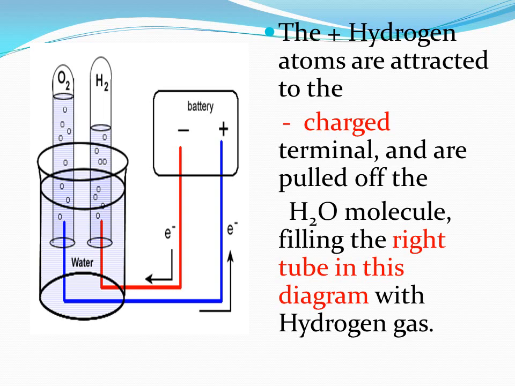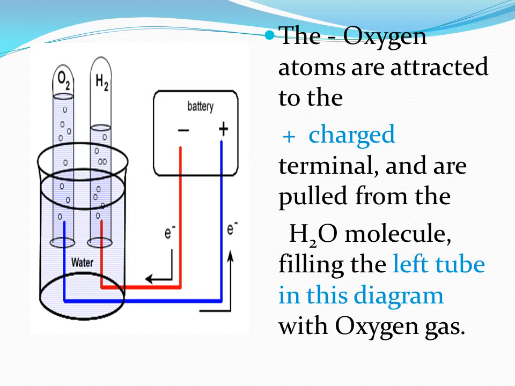Then we will move towards another part. The oxygen atoms are attracted to the positive charge, as we discussed in the previous slide. So the left tube is filled with oxygen and the right tube is filled with hydrogen.